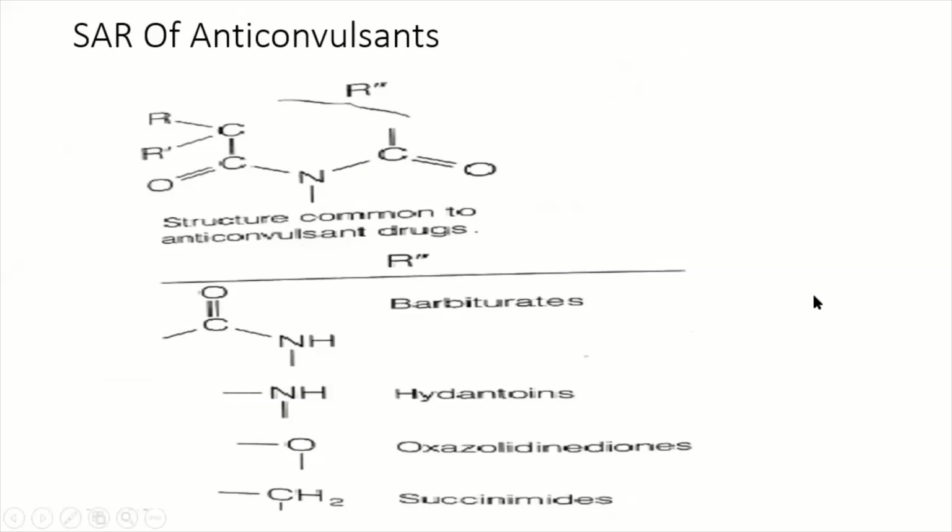You can even write one example for each class. For example, for barbiturates you can write one example, and for hydantoins you can write an example. What is the structural comparison of anticonvulsants is a very important question, so in that case you can compare and write. Any confusion in this slide? No, ma'am.